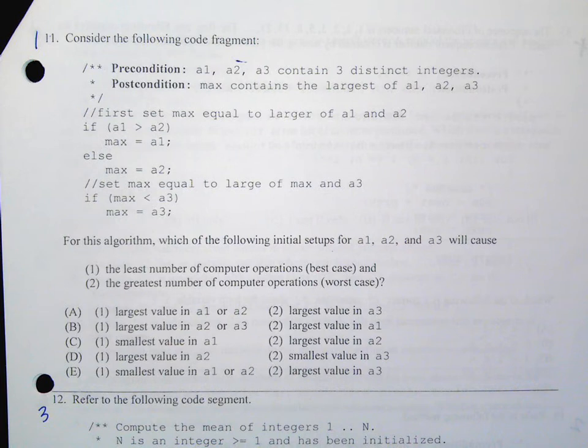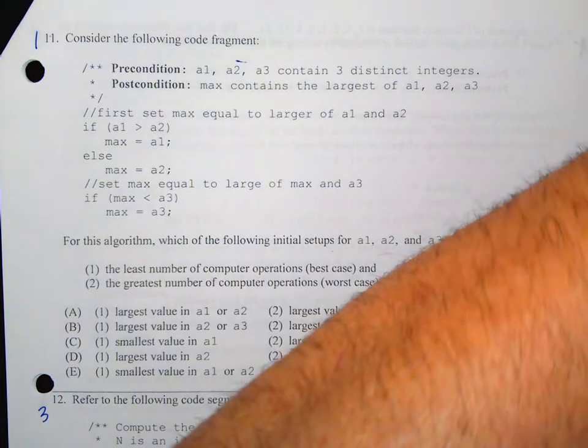For this algorithm, which of the following initial setups for a1, a2, a3 will cause the least number of computer operations, best case, to the greatest number of computer operations, worst case? So they're looking for best and worst case scenarios for how many computations are made by the computer. So we're looking for what's going to result in the least number of things for your program to do to get to the answer.